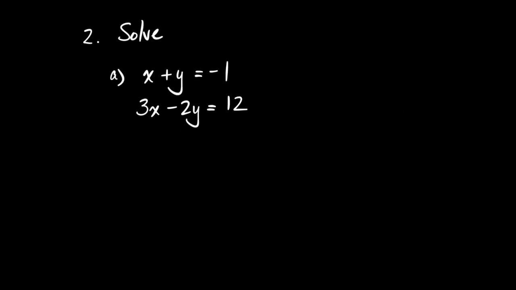So, what you see on the screen right now is a system of equations. And all we're talking about when we say system of equations is multiple equations. So rather than just one equation being true, we have several equations being true.